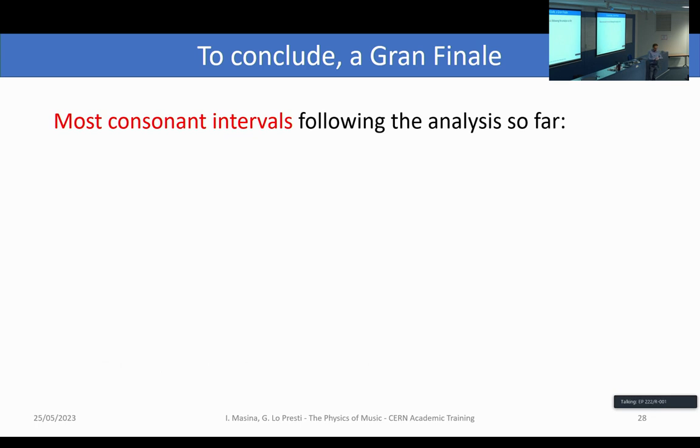Okay, and to conclude, in just 10 minutes, we have a kind of grand finale, in the sense of trying to tell you a little bit about a different area of this kind of science on its own, that is more on the mathematics side.